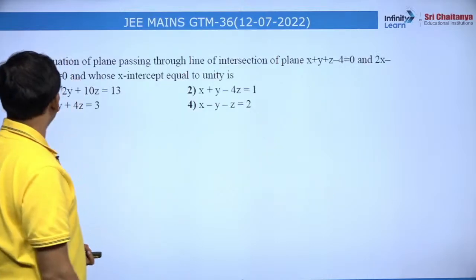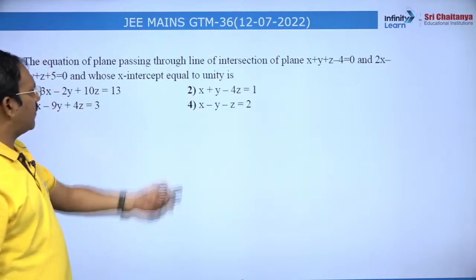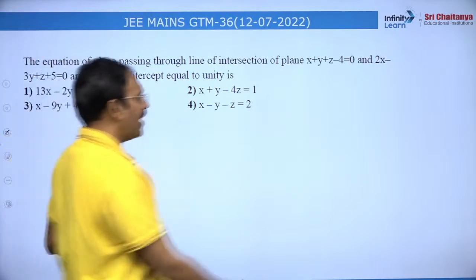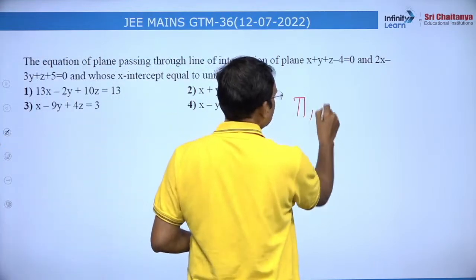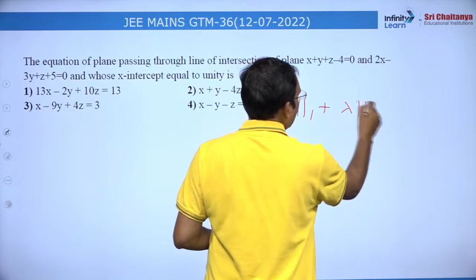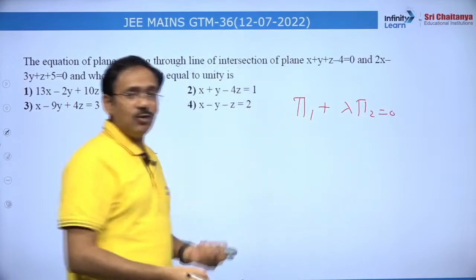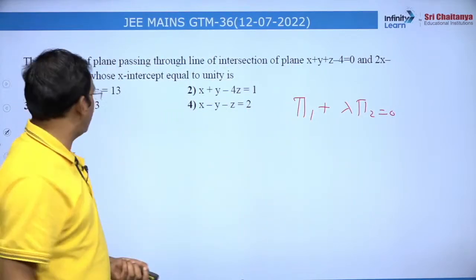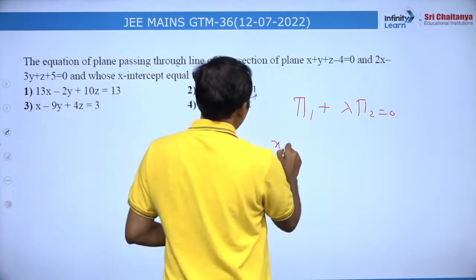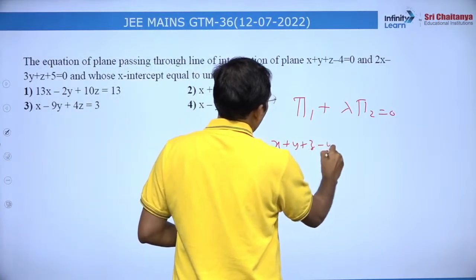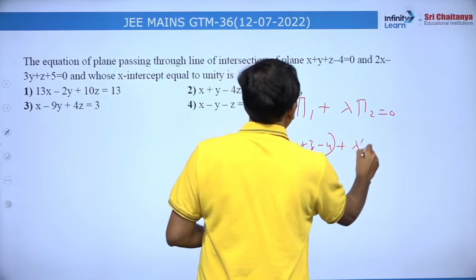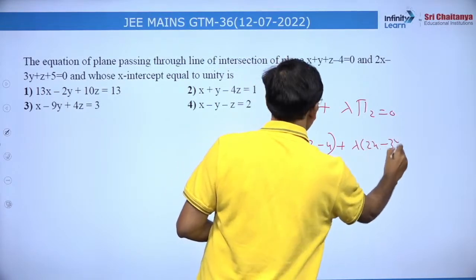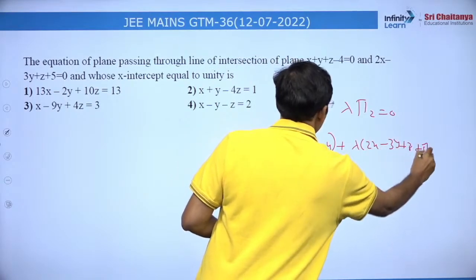Next, my dear friends, the equation of the plane passing through the intersection of two planes. Here you are given two planes, you can take pi 1 plus lambda pi 2 equal to 0. You can write x plus y plus z minus 4 plus lambda into 2x minus 3y plus z plus 5 equal to 0.